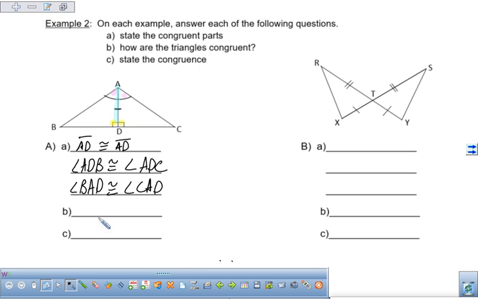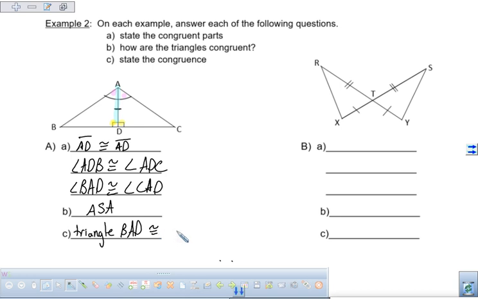So we'd have angle, side, angle, and triangle BAD is congruent to triangle CAD. And if you name your angles correctly, all you should have to do is look at how you named your angles to name your triangles.